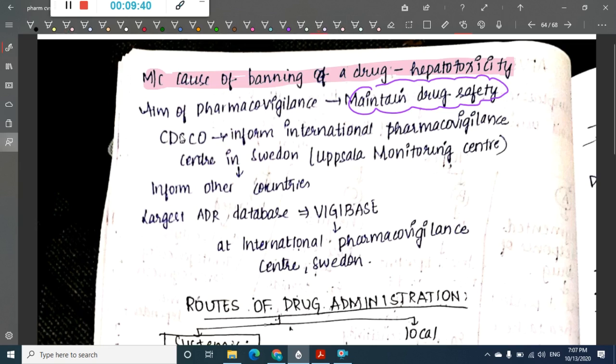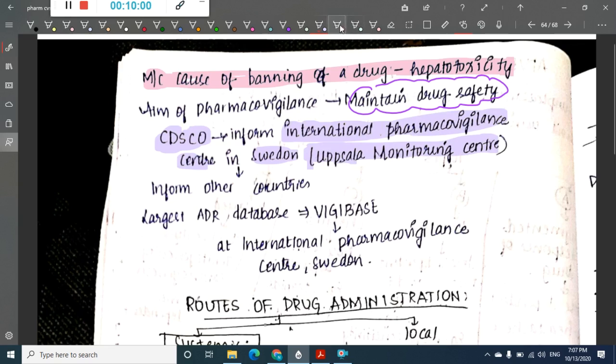Then we have something called CDSCO. The Central Drug Control Organization will inform the International Pharmacovigilance Center in Sweden, that is the Uppsala Monitoring Center, and these will inform the other countries.